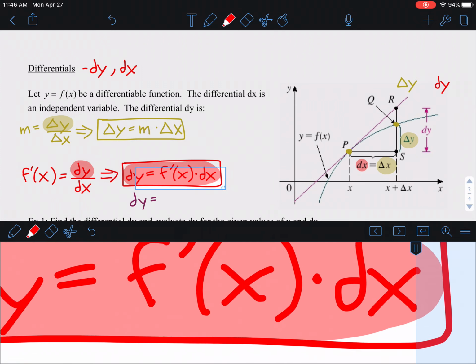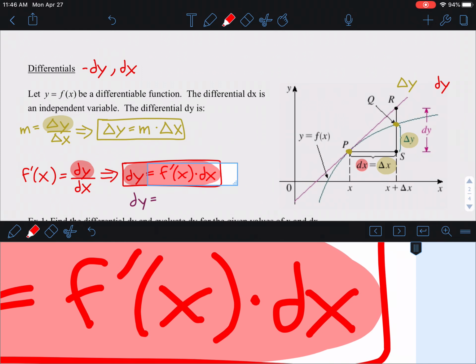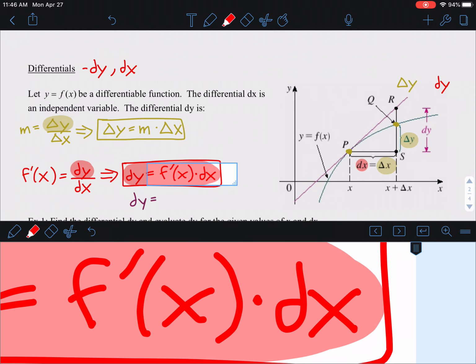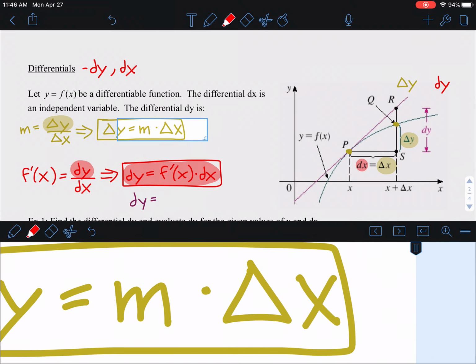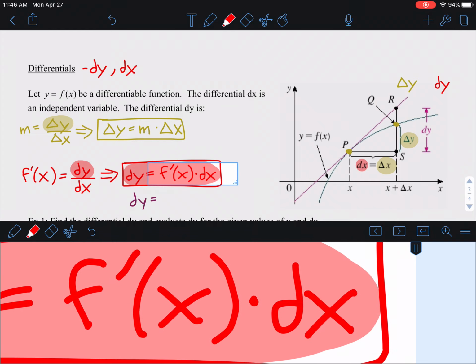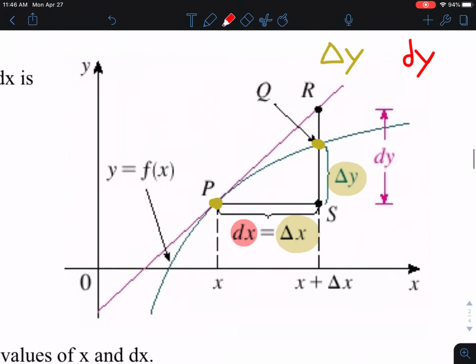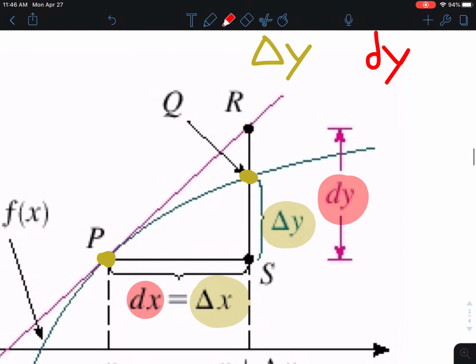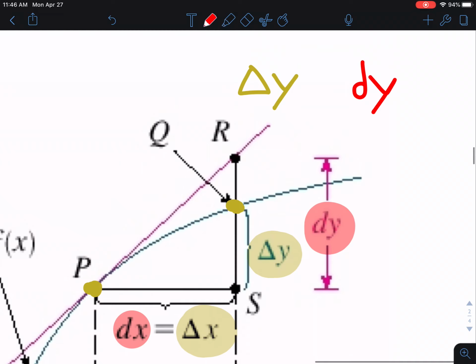But what we're doing here is we're multiplying delta x by the slope of a tangent line, right? Whereas in classic slope formula, that's the slope of a secant line, okay? And so multiplying by the slope of a tangent line is going to give us an approximation for the change in the y values. Delta y is going to be approximated by the differential dy.